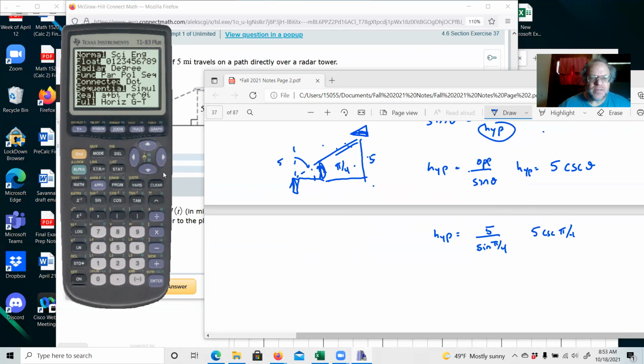Am I in radians? I sure am. See, checking it, make sure we're in radians. Okay, of course it is. Oops. No, that's right. We're good. Okay, so this was 7.071. Okay, I feel like I should have known that.